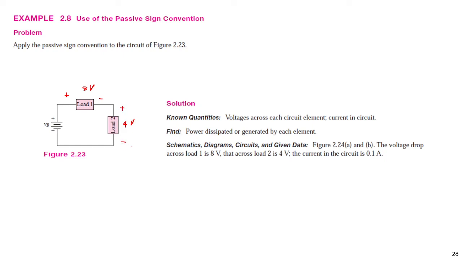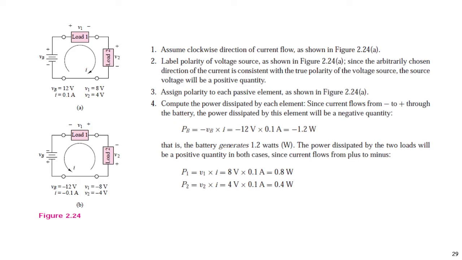The current is 0.1 ampere. Assume clockwise direction of current flow.